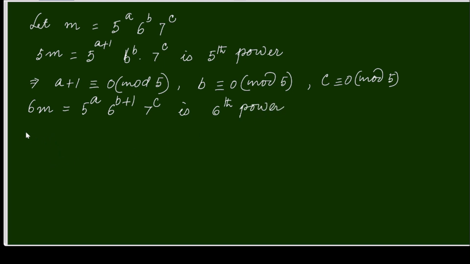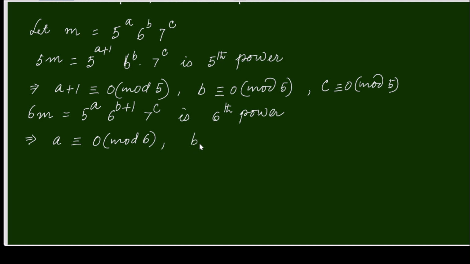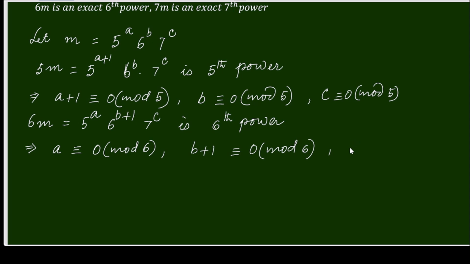By the same logic, a is congruent to 0 modulo 6, b plus 1 is congruent to 0 modulo 6, and c is congruent to 0 modulo 6.